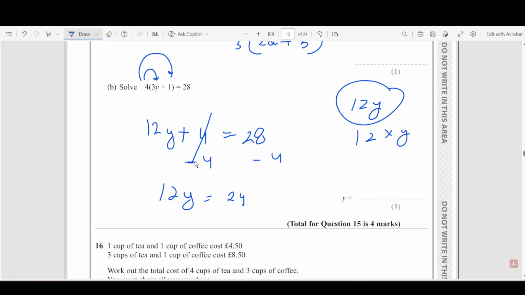By default, if there is no operation between a variable and a constant, you can consider that there is a times. So opposite of 12 times is divided by 12. We need to divide both sides by 12 to get rid of this 12. We have y equals 24 divided by 12, which is 2. So the answer is 2.